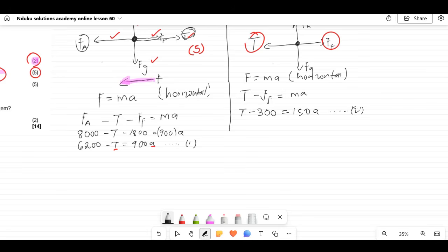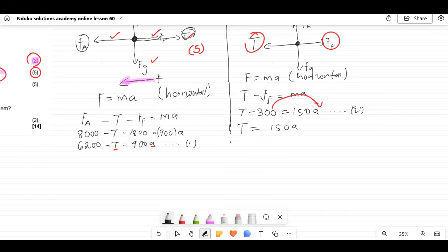So we'll transpose this to the other side and it will change the sign. So we'll have T, still equation number 2, being equal to 150a. I'm just going to do the calculation so that we can see how we do it.